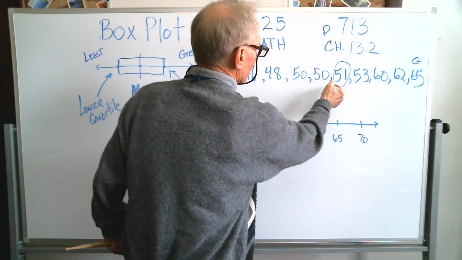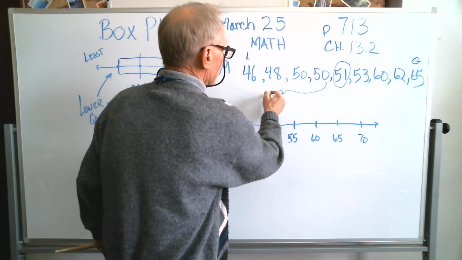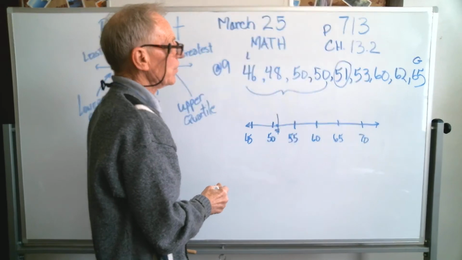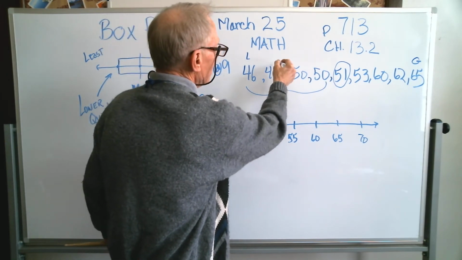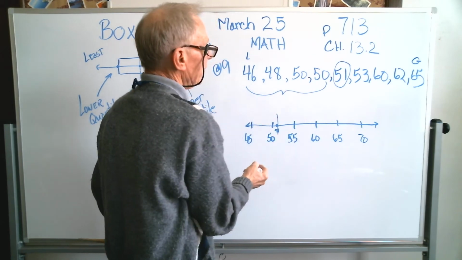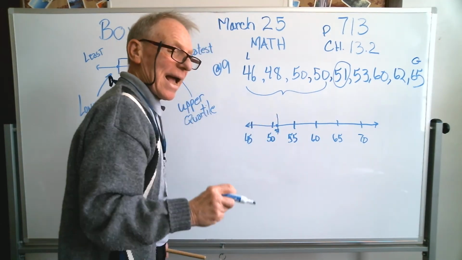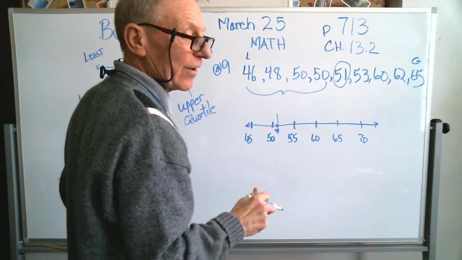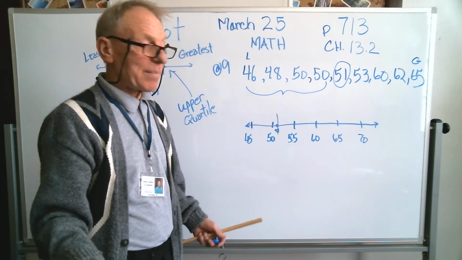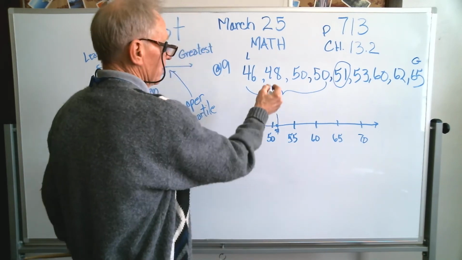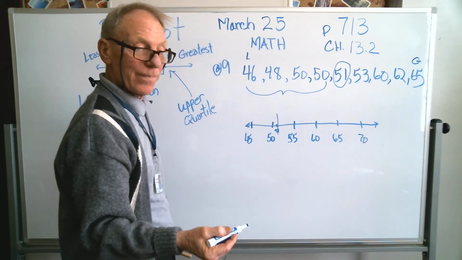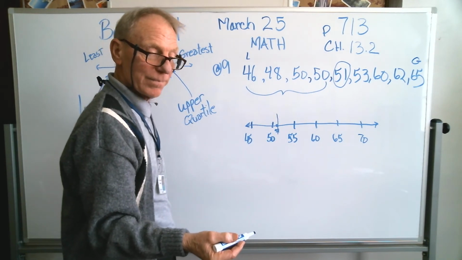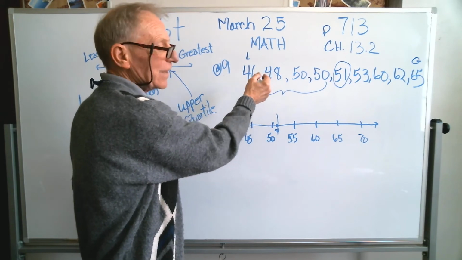These are the numbers we're trying to find the median of. So our two middle numbers are 48 and 50. So you're going to add 48 and 50 together, and then you're going to divide that by 2. 48 and 50 equals 98, right? 48 and 50, 98.